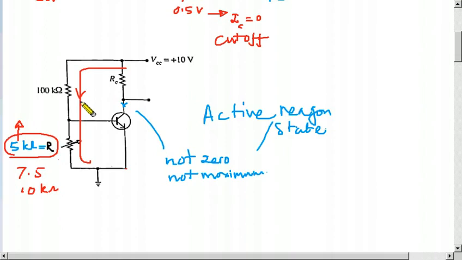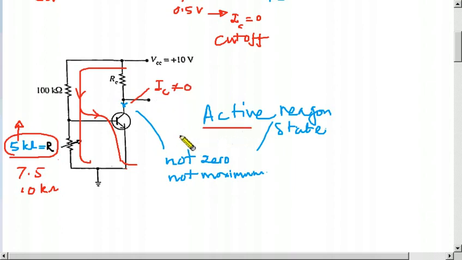Then some current goes along this line to the base, so IB is not equal to 0, there will be some base current. If there is some base current, there will be a collector current as well, also not 0. Then we call this the active region.